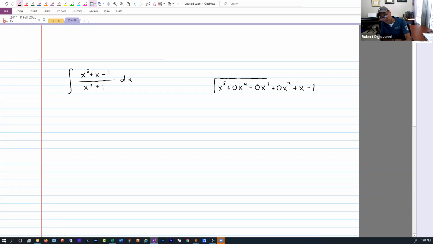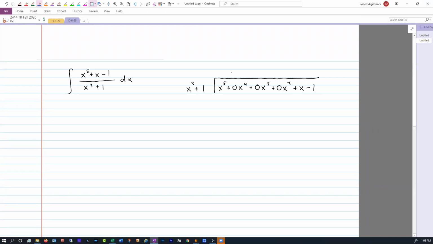So I have to have all those slot holders for those degrees of x that I don't have. All right, so what do I multiply that by to start out? What do I get here? x squared.